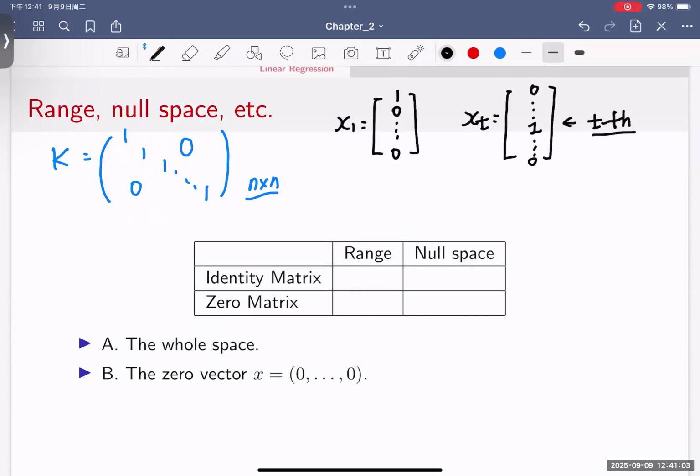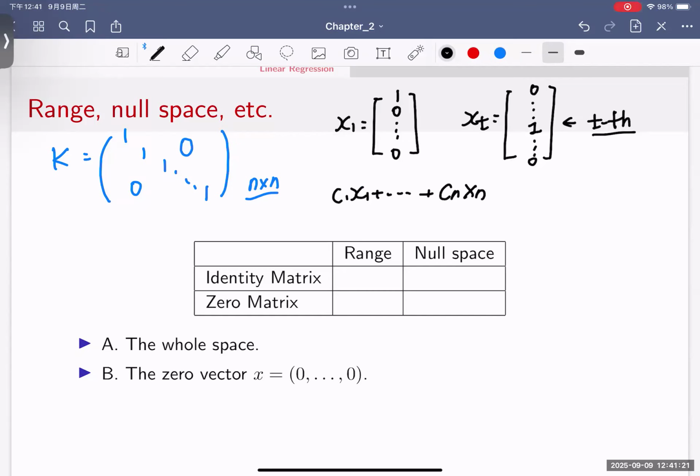The tth element is equal to 1 and every other element is 0. So if we try any linear combination, c1 x1 plus ... cn xn, we can definitely know what the result is.